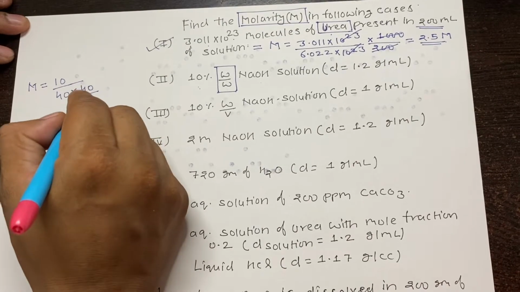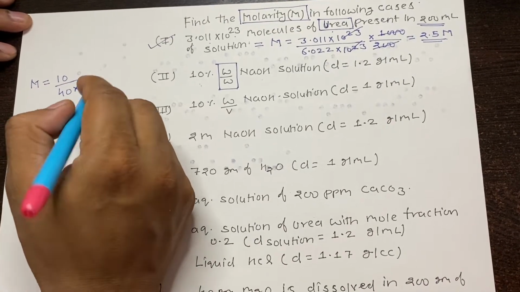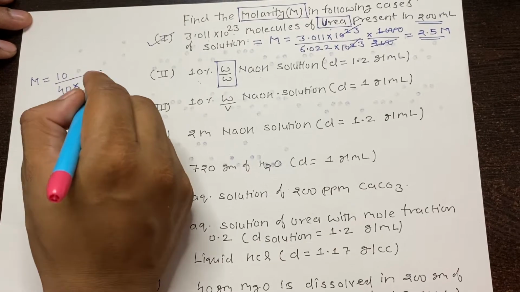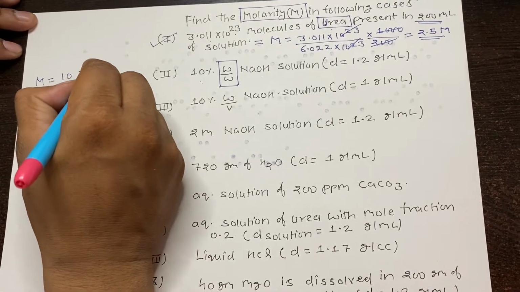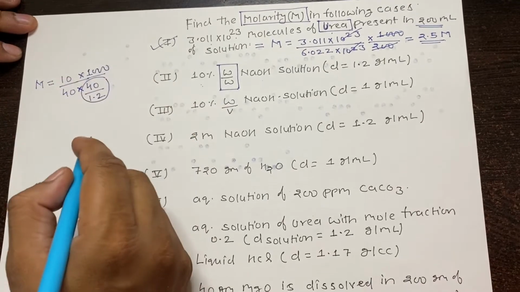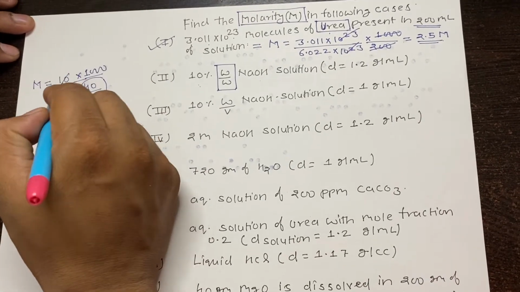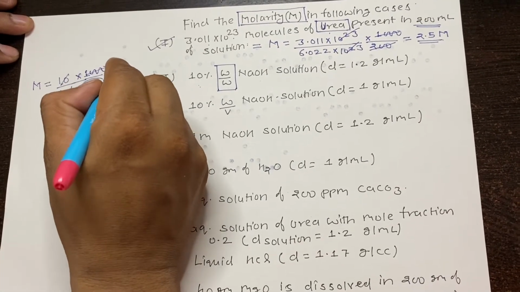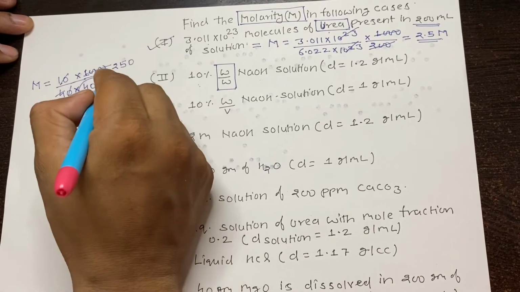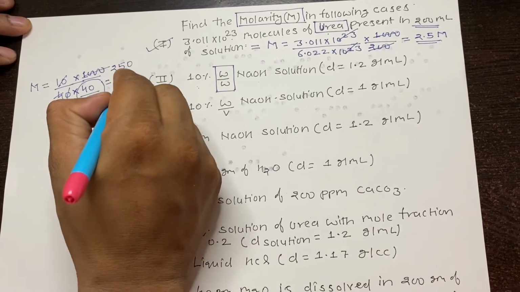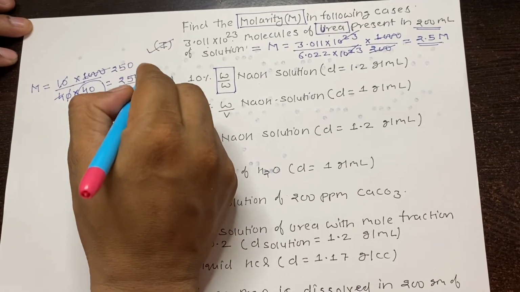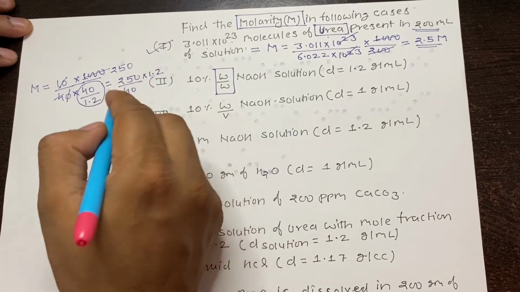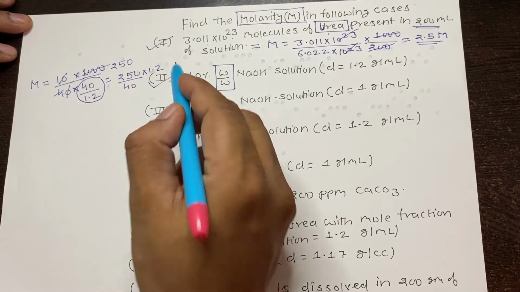Mass divided by density is volume, so 40 upon 1.2 is the volume, into 1000. So this will be 250 upon 40 into 1.2.